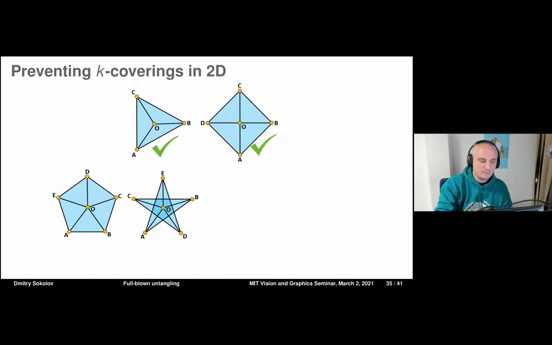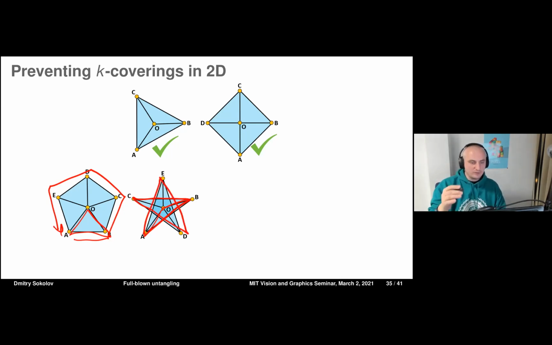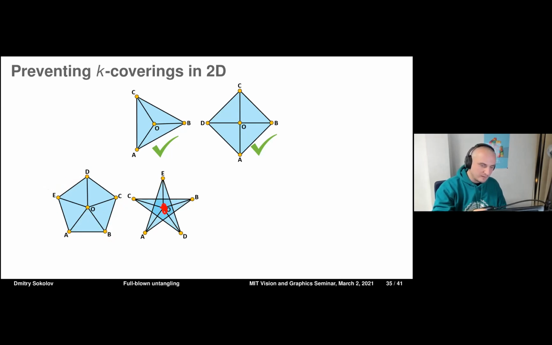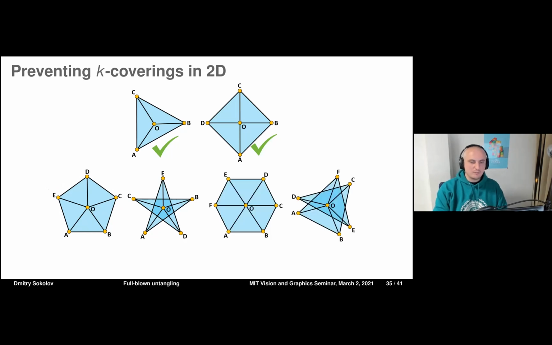You can see, for example, that the triangle OAB is not inverted, and when you follow the boundary, you see A, B, C, D, E. This map is free of inverted elements. However, in this point, the map is not invertible. Of course, the same situation may appear for higher valences, and we can even have coverings for K superior to 2.